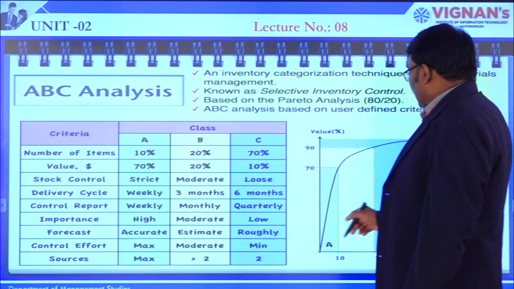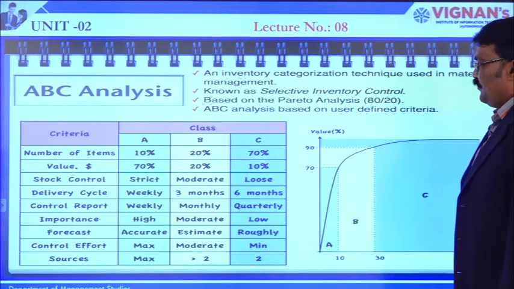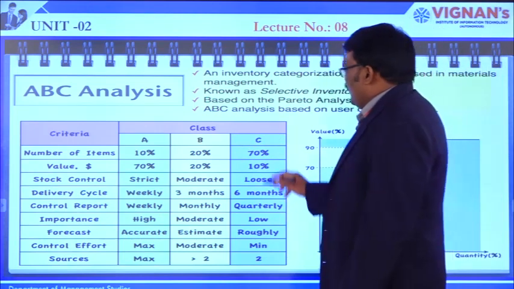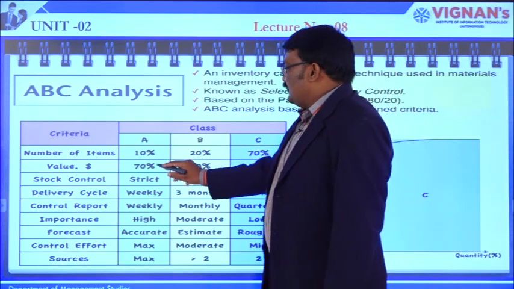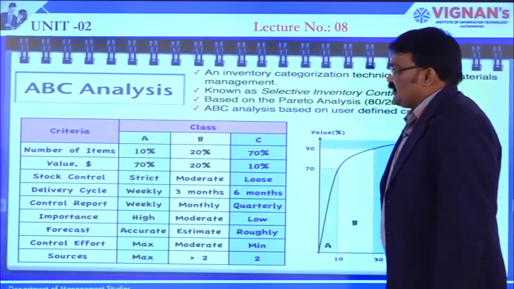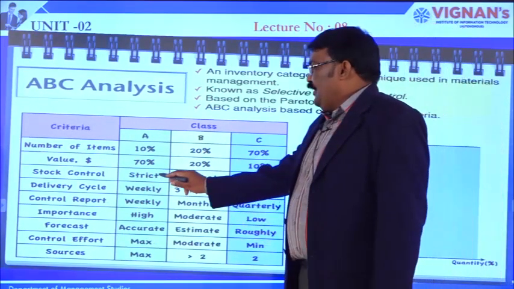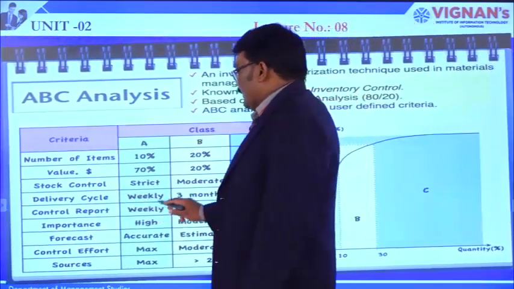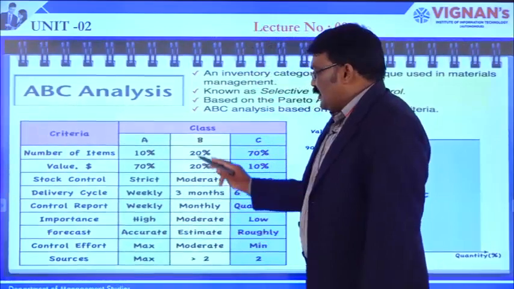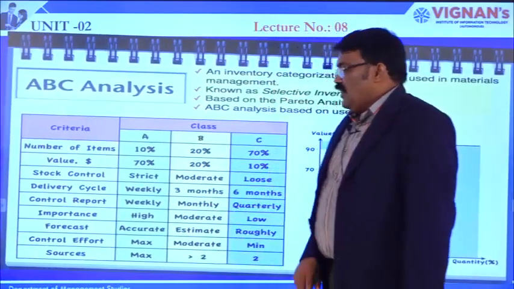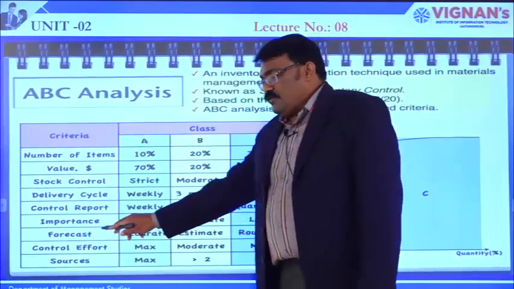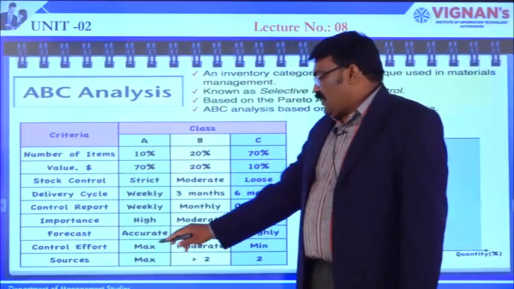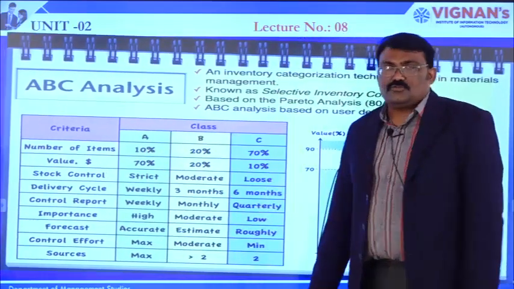This is the representation of the same diagram and how it is taken into consideration. Say, for example, the value is 70%. In case of 70%, we need to be very strict with stock control, delivery check is done weekly, and control report weekly, importance high, forecast accurate, control effort maximum, sources maximum.